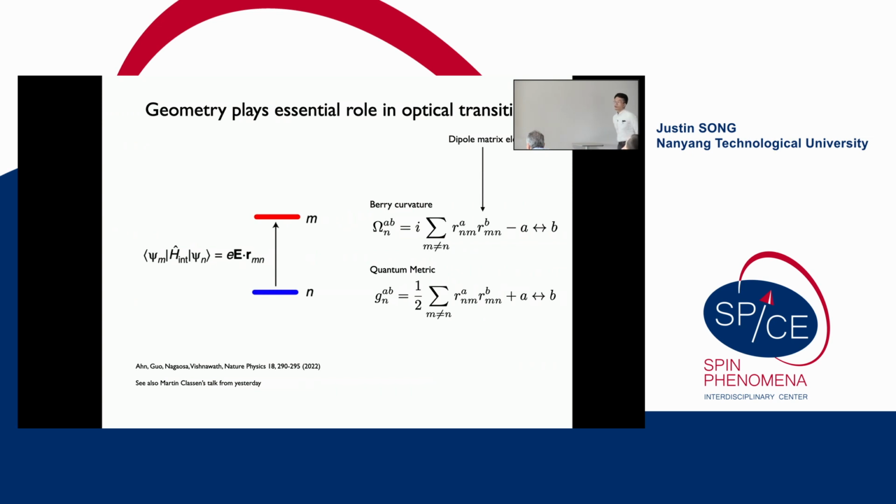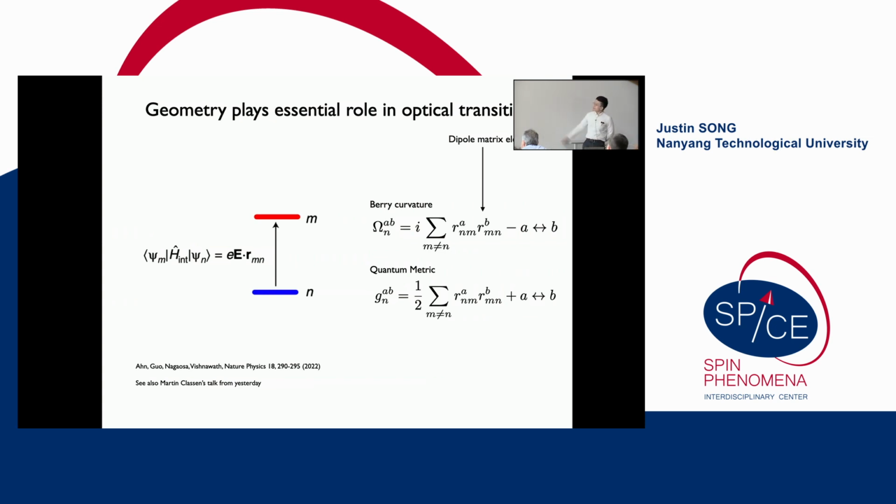The reason for this, as Martin already pointed out, is that we have these dipole matrix elements. In the long wavelength limit, light and matter interact through a dipole interaction, and these dipole matrix elements are these R's here, all right? This is a transition between a band N and a band M.